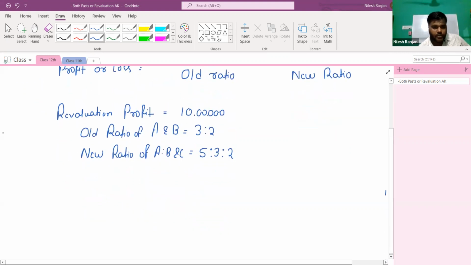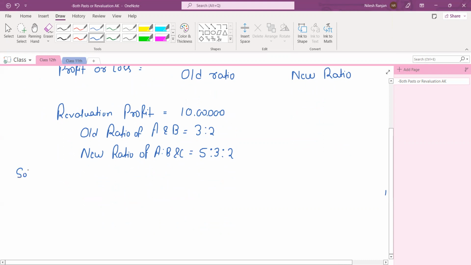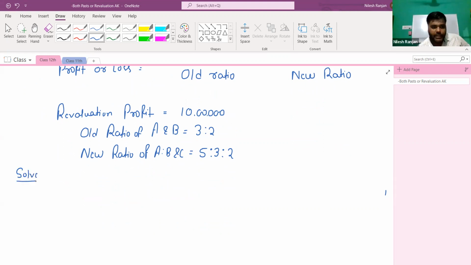Now we have to solve the situation as per second part. So if we get the profit of revaluation, and we don't want to show the profit in the books, means we don't want to change the value in the books. So what will happen in the future? Let's say our land we purchased at 10 lakh, and now at the time of admission, value is 20 lakh.